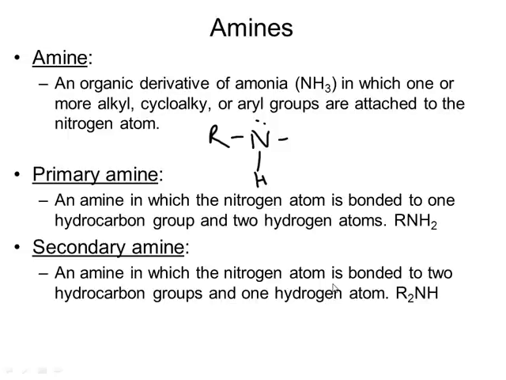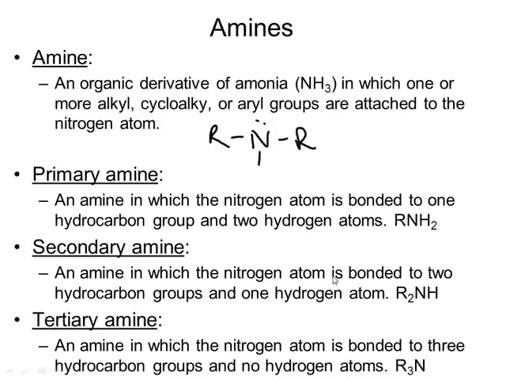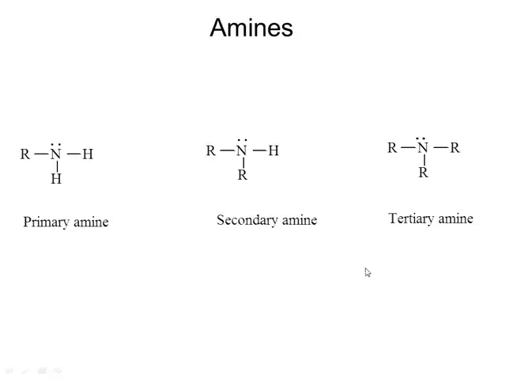Now, I'm picking which hydrogens to replace at random. It doesn't matter, they're all equivalent. And a tertiary amine is where there are no hydrogens left and all we have are R groups. So here's a better image of primary, secondary, tertiary amines.